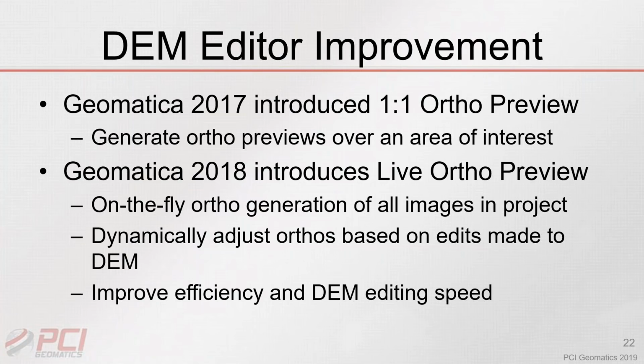So you were limited in terms of the size of the area, the tool was basically meant to target smaller areas. In 2018, we actually have a live ortho preview capability across the entire data set. So this will actually regenerate the orthos on the fly for all of the images in the project. So it makes it a little bit easier to work across the entire data set.